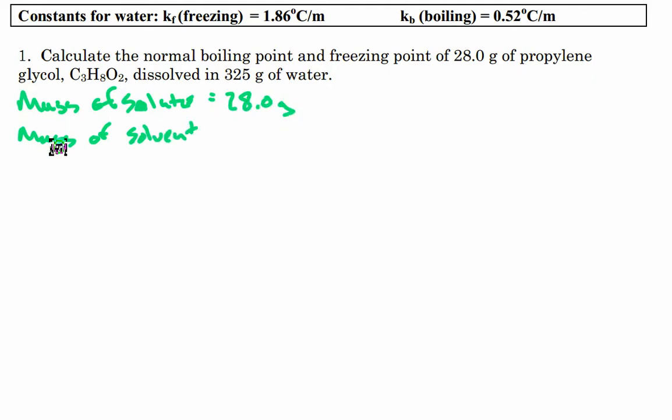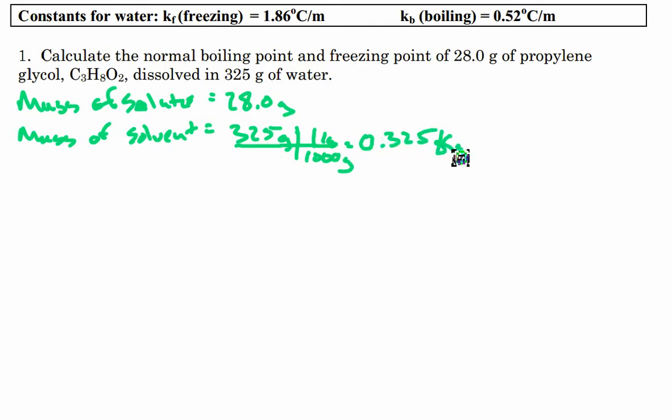Now the key here is to have it again in molality, and that gives us the requirement for our mass of our solvent to be in kilograms. So we're going to convert this to kilograms by using the conversion factor of 1 kilogram is equal to 1,000 grams. And this will bring us to 0.325 kilograms.